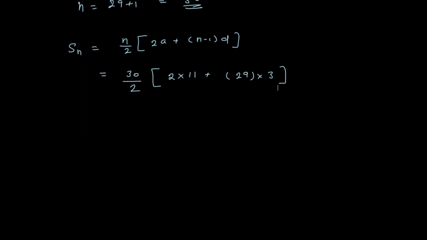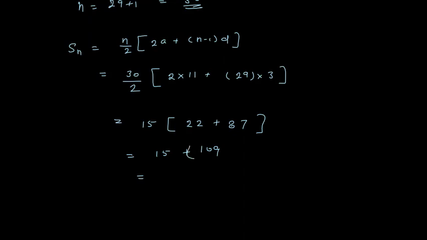So this is, we will get 15 into 22 plus 87. So this is 15 into 109.